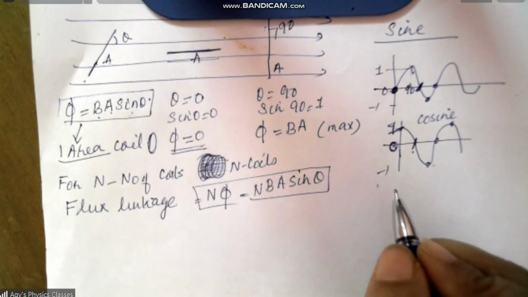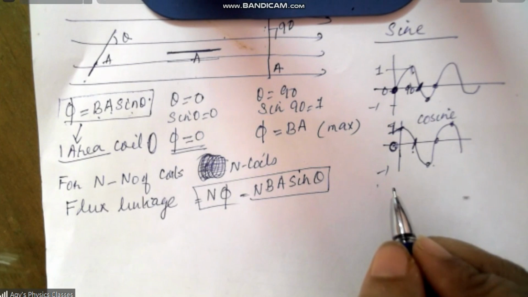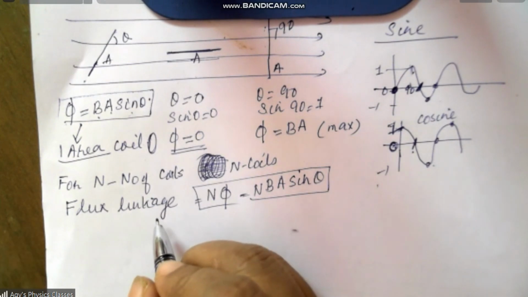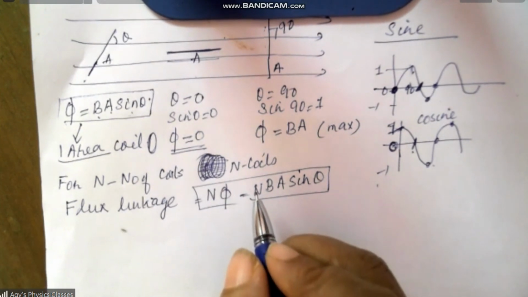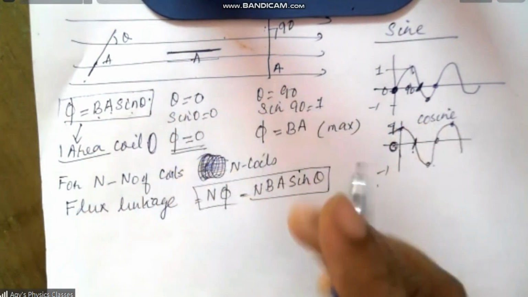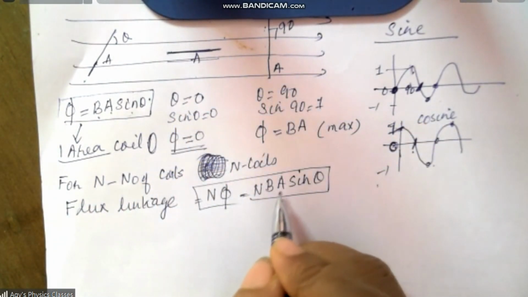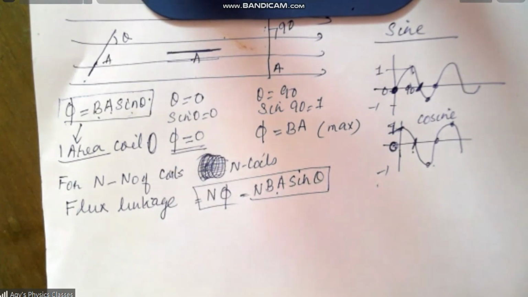Whenever we talk about motors or anything, we talk about this flux linkage. We assume all the coils are of the same area. For example, in a spring, usually all the coils are of the same area.